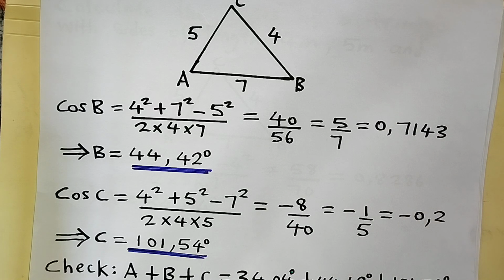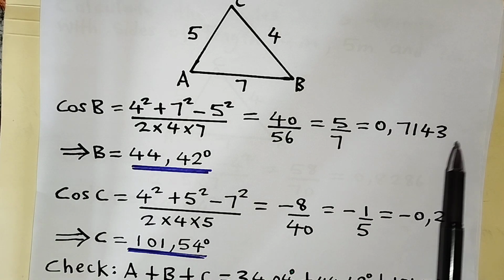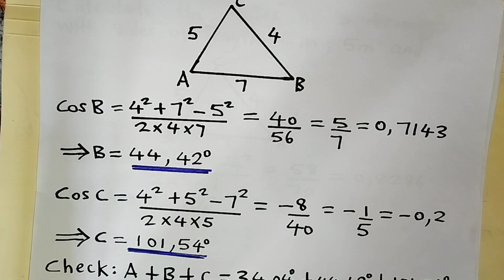So if you press the inverse button or the second function button on your calculator and then enter cos and then put this 0.7143, you get your angle B as 44.42 degrees.